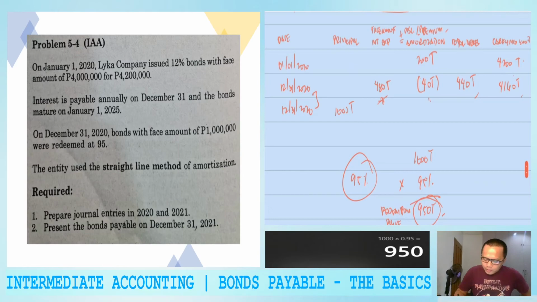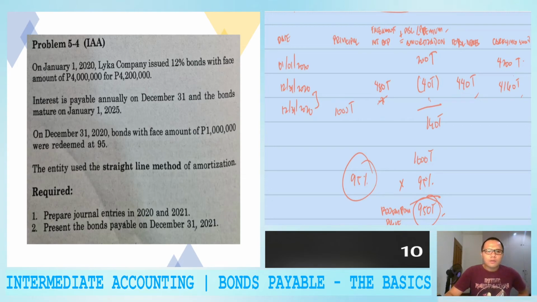We have to remember na yung remaining balance natin sa premium, that is 160,000 na lang, di ba? And magkano dyan yung applicable sa 1 million? So again, para mas madali, let's ratio.